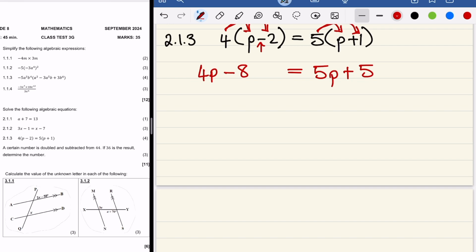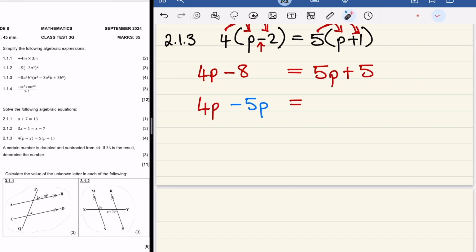So if I do that, I've got my equal sign in the middle, I've got my 4p here in the right place, my 5p is positive, so I'm going to move it to the left hand side. I now have it as minus 5p. Then on the right hand side, remember there's a -8 here that we're going to deal with now, so don't forget about the -8.